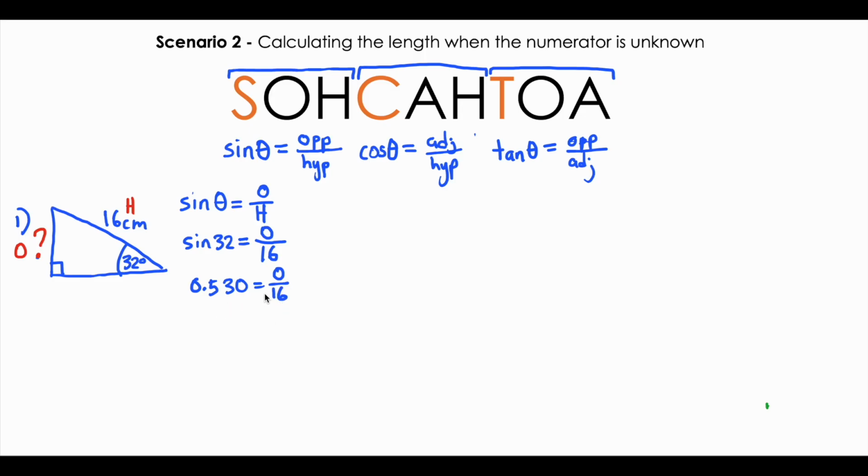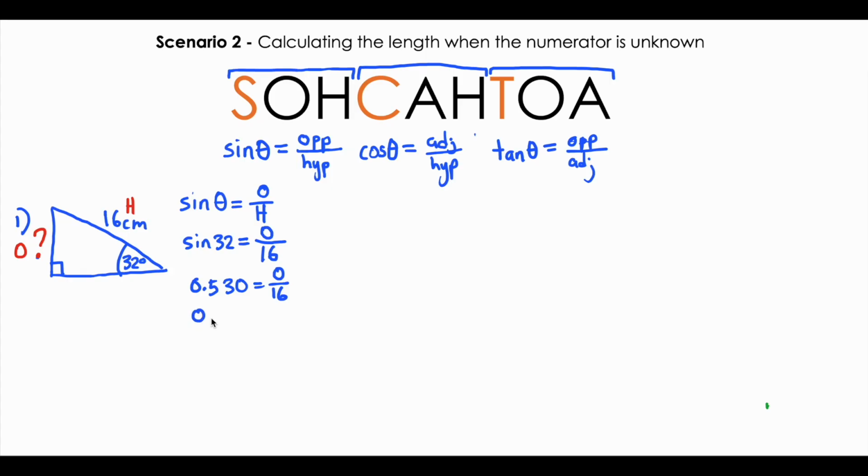Now, before I continue, I want to make this number a fraction. To make any number a fraction, what do we have to put it over? What is 10 as a fraction? 10 over 1. What is x as a fraction? x over 1. So what do you think 0.530 as a fraction would be? 0.530 over 1.